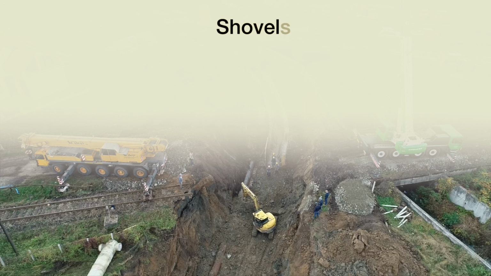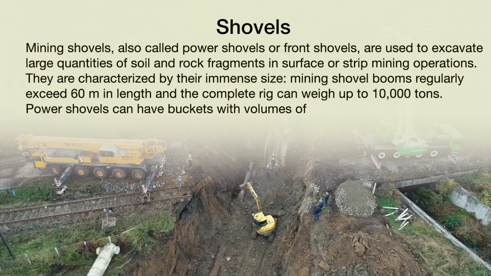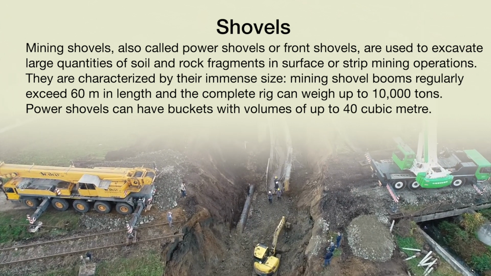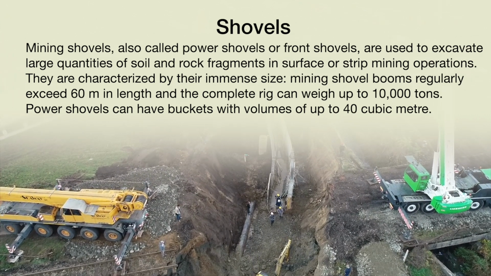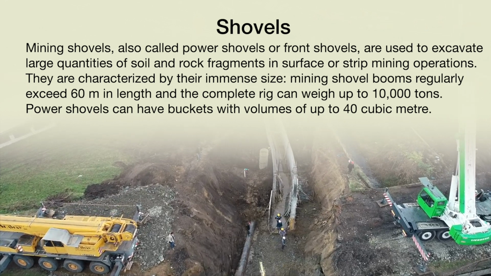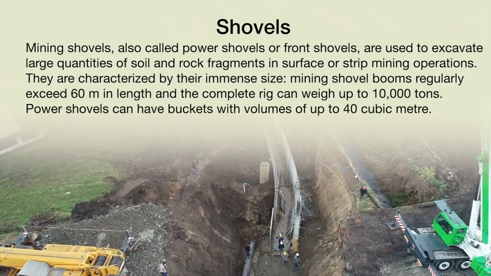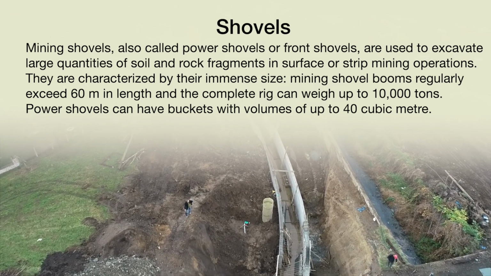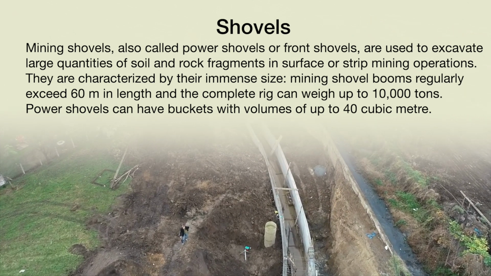So next is shovel. Mining shovel, also called power shovel or front shovel, is used to excavate large quantities of soil and rock fragmented in surface or strip mining operations. They are characterized by their immense size.